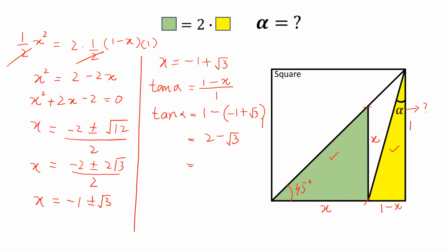We can write alpha equals tangent inverse of 2 minus square root of 3, and this is equal to 15 degrees, and this is the correct answer.